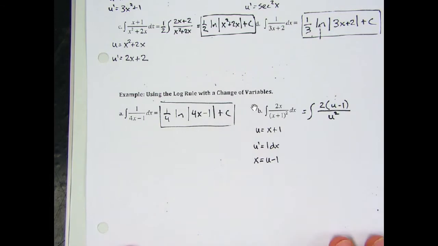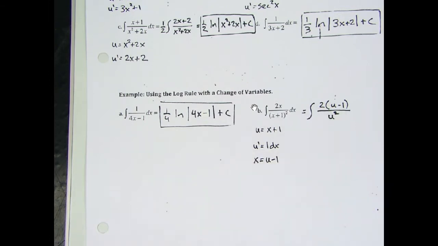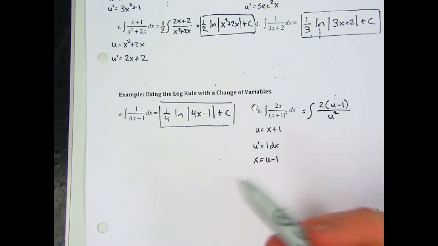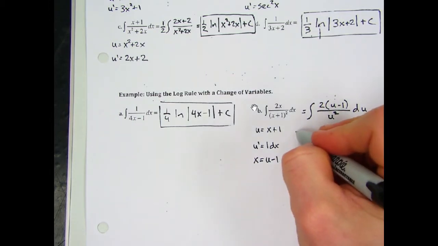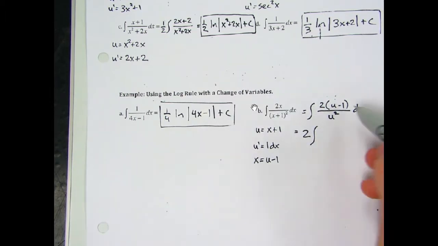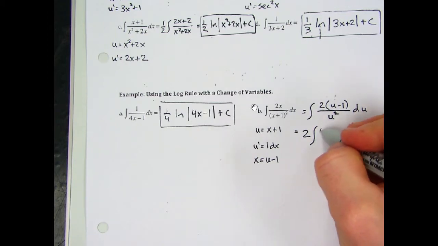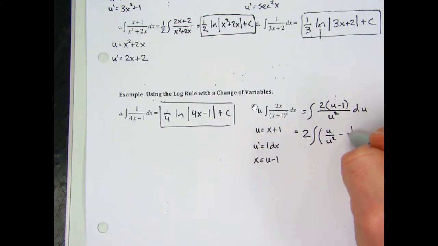Notice u prime is just 1, so we didn't need to multiply by anything. 2 is a constant, so we're going to take that out, because that's our constant factor, and then rewrite this u minus 1 over u squared as 2 fractions: u over u squared, and then minus 1 over u squared.